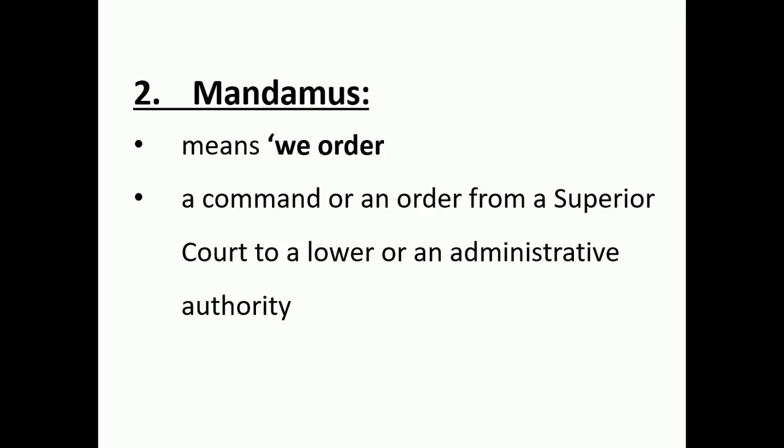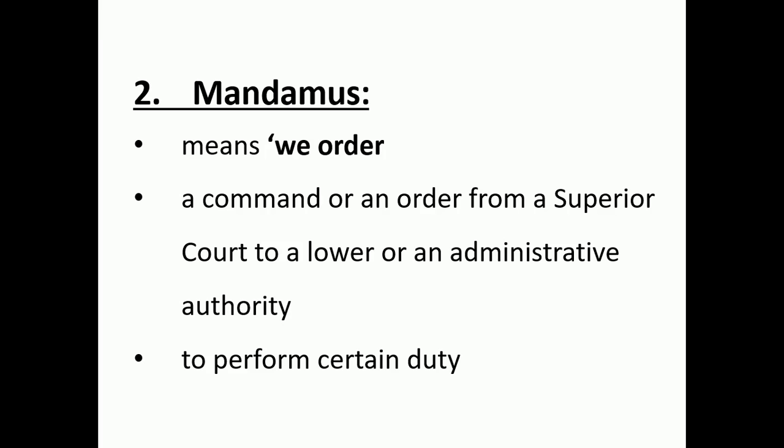And what is the purpose of this particular writ, mandamus? It is to perform a certain duty. So a superior court is asking a lower court or an administrative authority to perform a certain duty. If they fail in their duty, it is a responsibility, or it is the order given from a superior court to a lower court or an administrative authority.